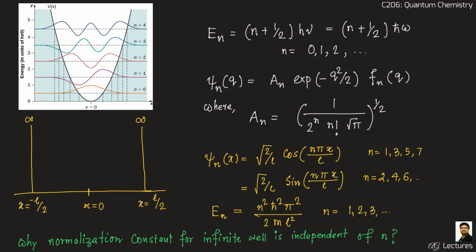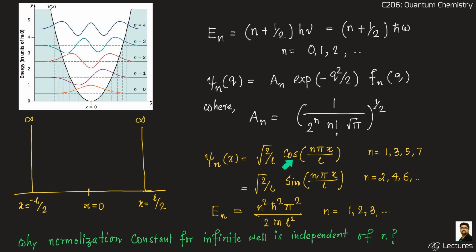For example, if you look at the wave functions for the simple harmonic oscillator, you can see the ground state is an even function. The first excited state is an odd function, and then again an even function, an odd function, an even function. So these even and odd functions alternate, and we know that here also the ground state is represented by the cosine function, which is an even function.